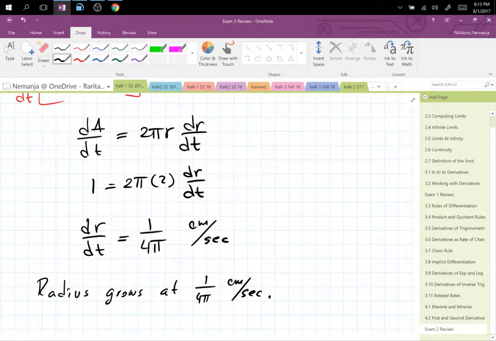For related rates, you have volume formulas for prisms, pyramids, and spheres, so you know them all. Geometry of the flat surface, like 2D, is only areas and perimeter.